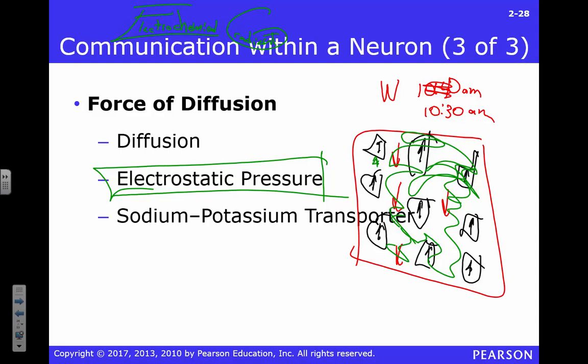Diffusion is always going to be pushing, pushing, pushing. With your cell, this is inside, this is outside. Outside that cell, you've really only got two things we want to think about: sodium and chloride.